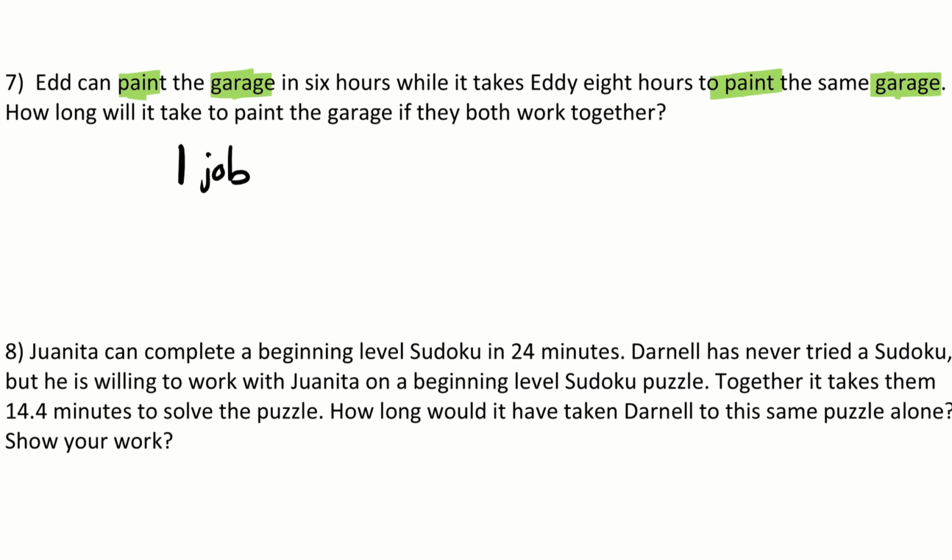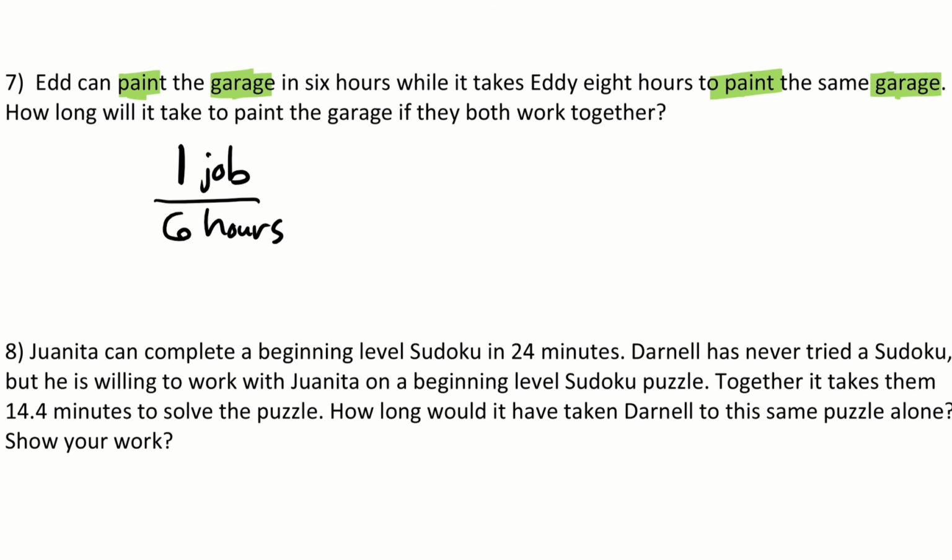And this guy Ed can do that one job in 6 hours. So when I look at this, 1/6 is the part of the job that he can do in one hour. If I want to express this as a unit rate, he can do 1/6 of the job per hour. That's the rate he can accomplish this job at.